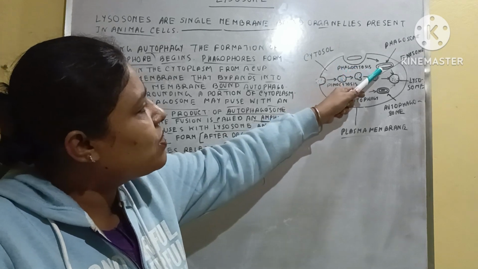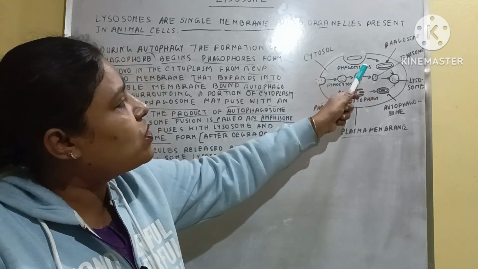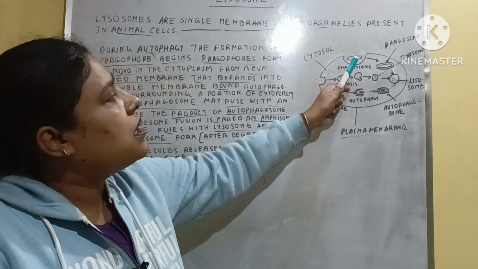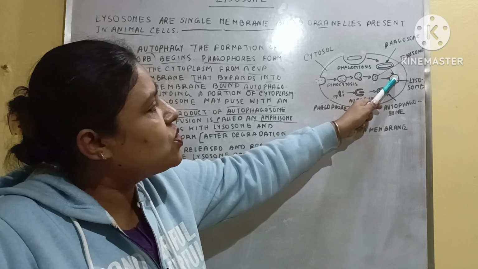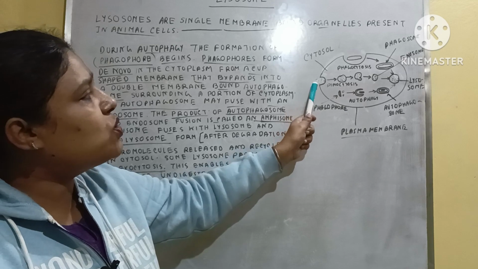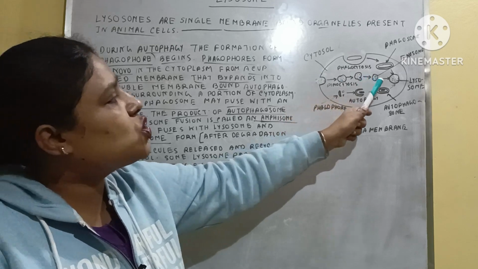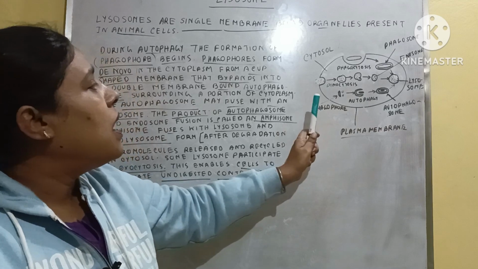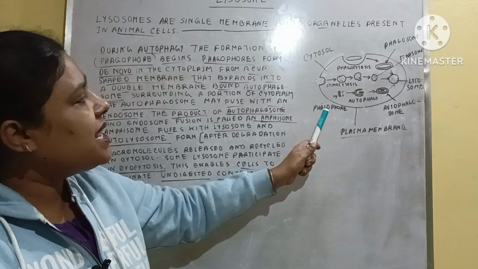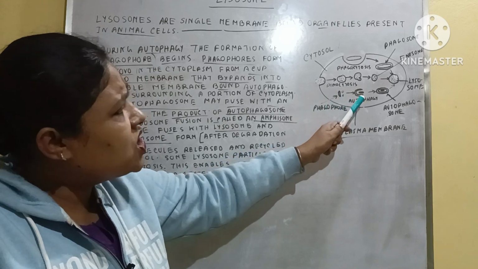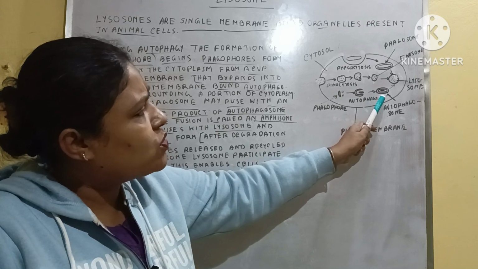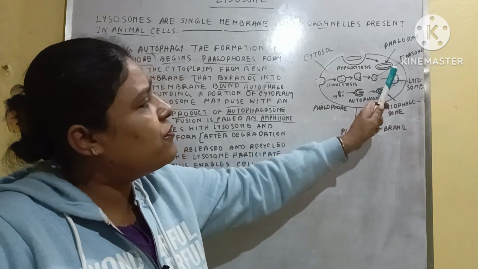The first one is the process of phagocytosis, where the large materials are engulfed and attached with the lysosome before digestion. These are the fluid molecules taken in by pinocytosis, which attach with the lysosome before digestion. And this is the autophagosome process, or autophagy process, where the autophagosome also attaches with the lysosome before digestion.